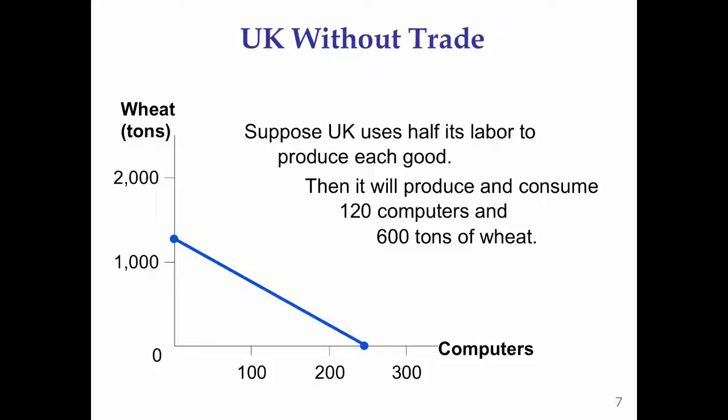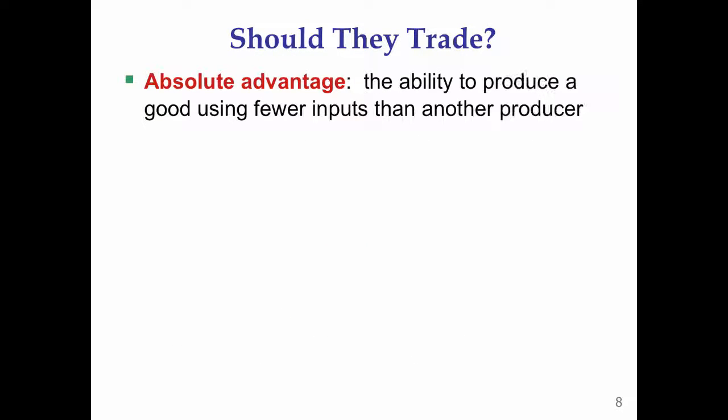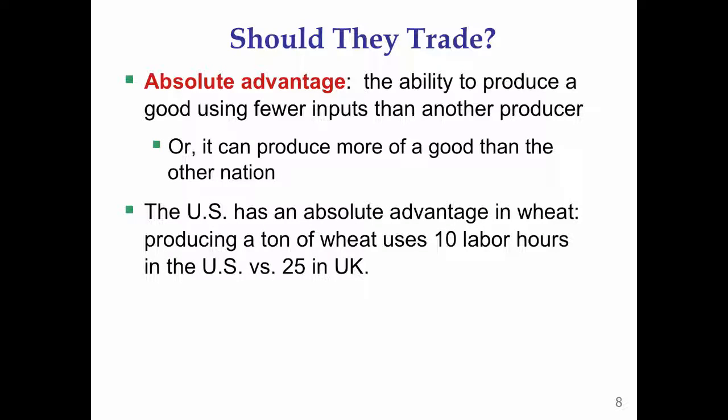And so when we do that, it can make 120 computers and 600 tons of wheat. That's a point right there in the middle of the PPF. So now we know what both nations would do if they do not trade with each other, if they try and be self-sufficient.